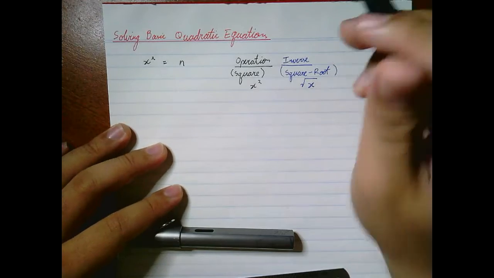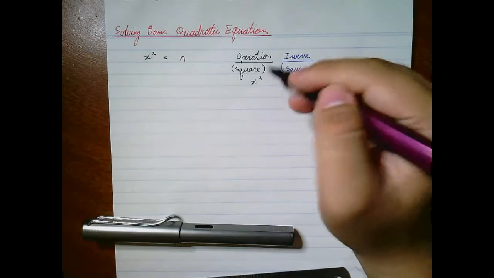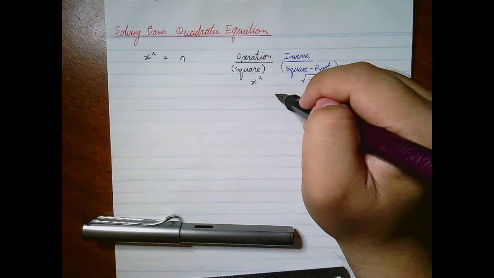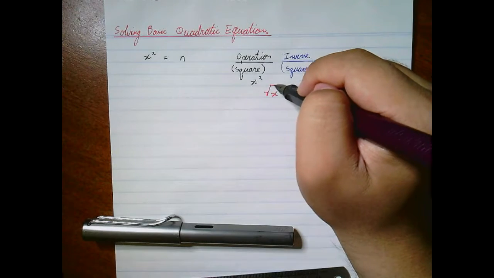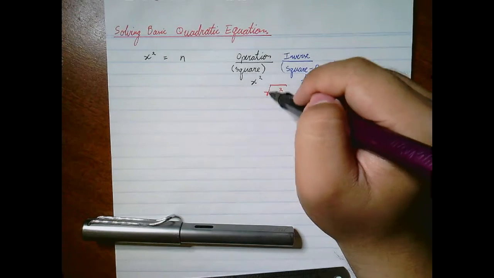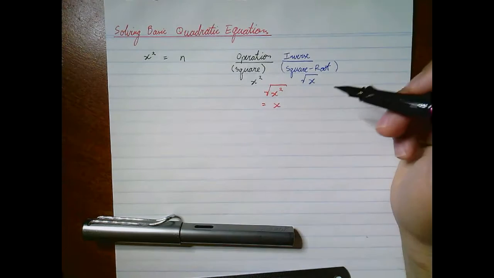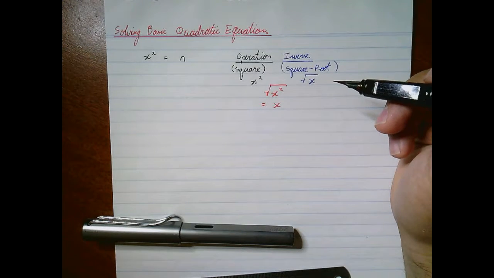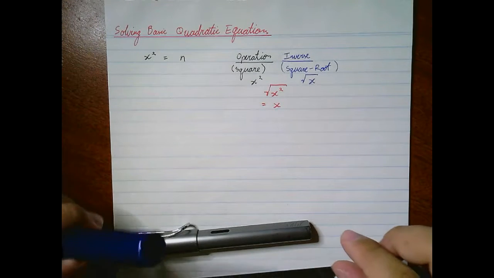And now the reason for this is if we have a square, let's take for example x squared, and we apply the inverse, these two actually cancel out and leave us with x on its own. Okay, so with that in mind, let's just do a really quick example here.